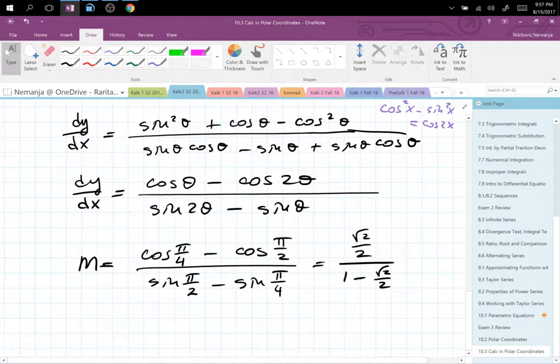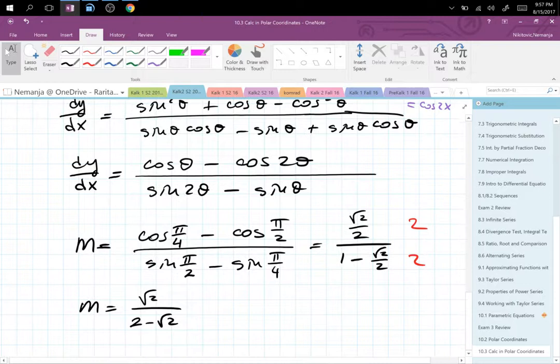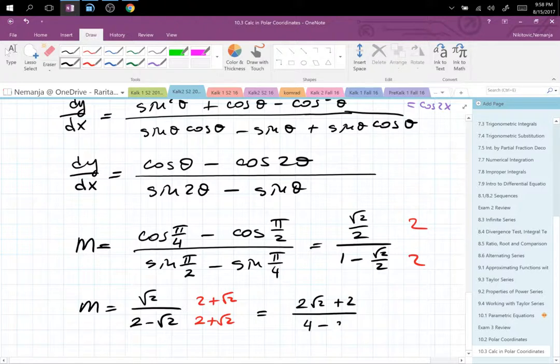First order of business to simplify this is to multiply top and bottom by 2, which will give me root 2 over 2 minus root 2. And then rationalize to get the square root out of the denominator. So 2 root 2 plus 2 divided by 4 minus 2.